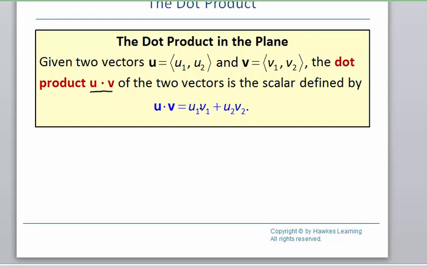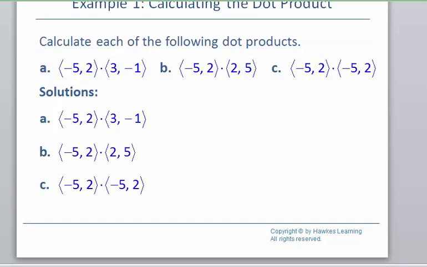Essentially, what it tells me is to take u sub 1 and v sub 1, which would be the first two components, and multiply them together. And then take the second components and multiply those together, and then add the result. And so we're going to look at a couple of examples, but once we see how this works, calculating the dot product is fairly straightforward.